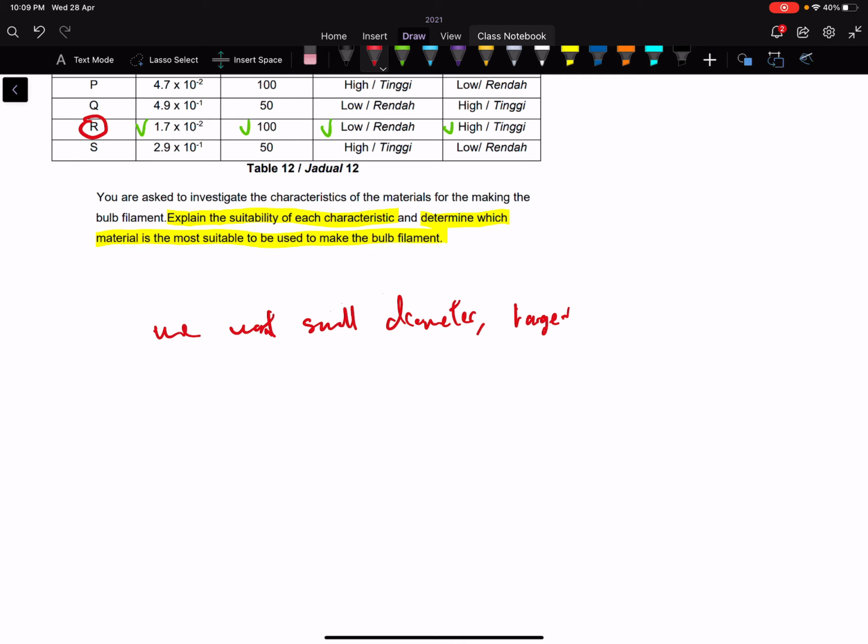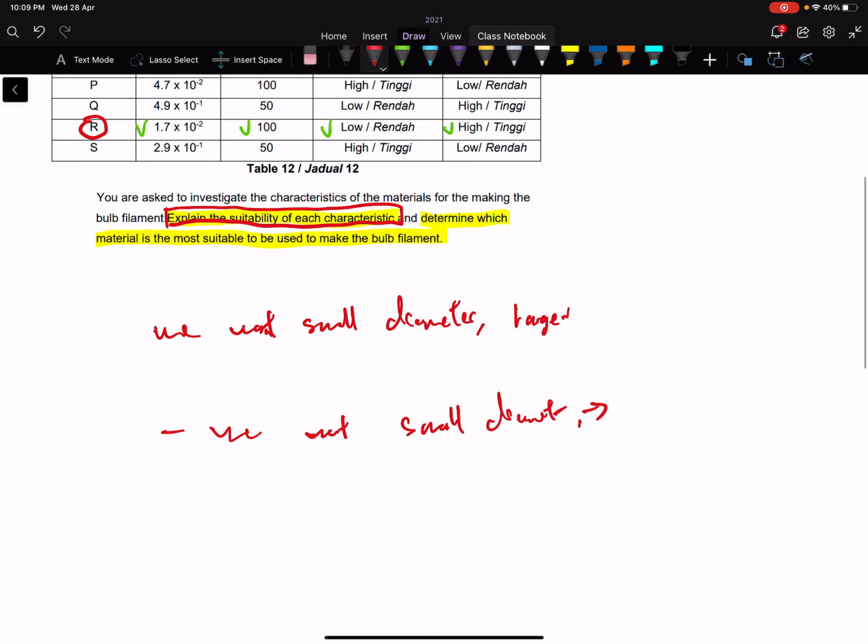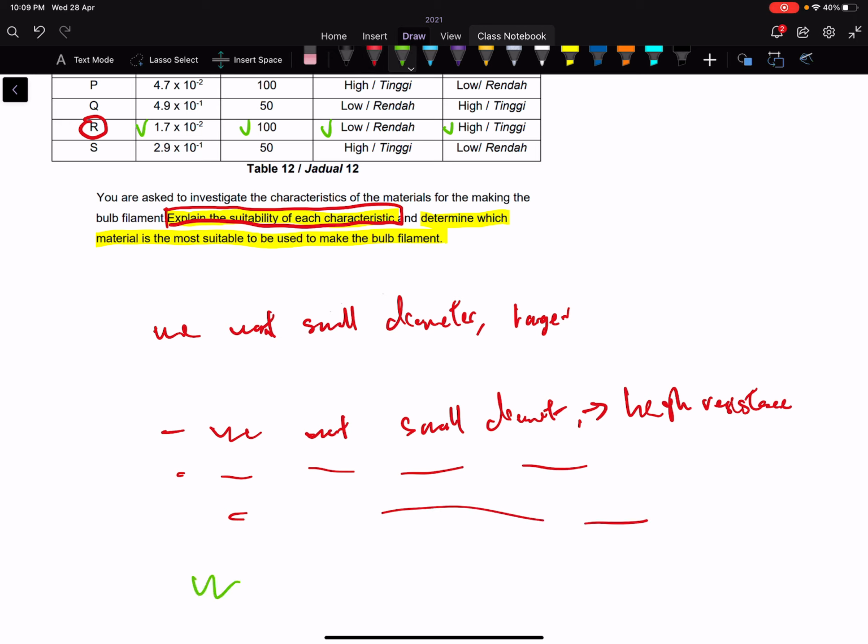The proper way to do it is to explain the features first. So, let's say we want small diameter, and then high resistance, and so on, and then after that you choose.